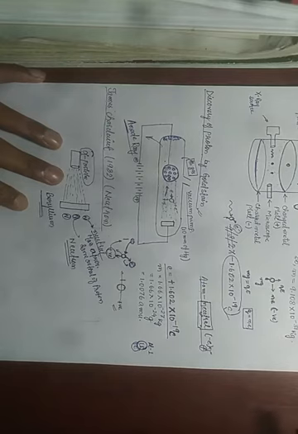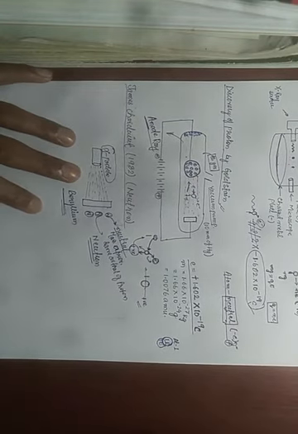Now next, after the discovery of electron, protons and neutrons, every scientist started to talk about the arrangement of these electrons, protons and neutrons in an atom. All our questioning was how these particles are arranged in an atom, how electrons are arranged, how protons are arranged, and how neutrons are arranged.